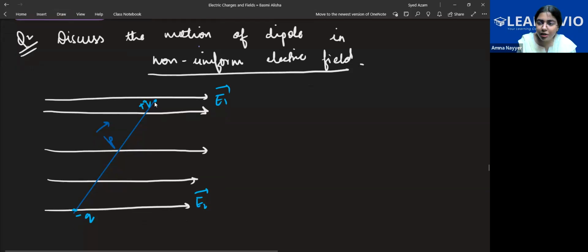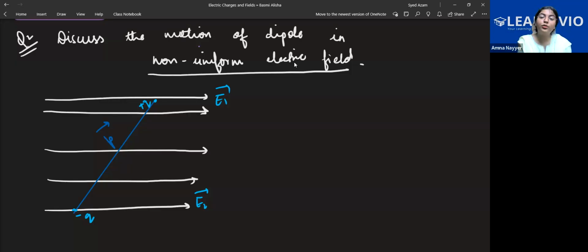If this is plus Q, what will be the force acting here? The force towards the electric field. The value of force, formula: K Q square by R square.